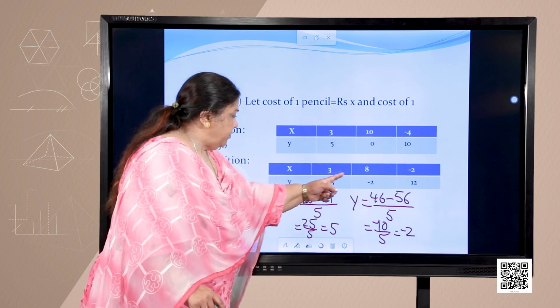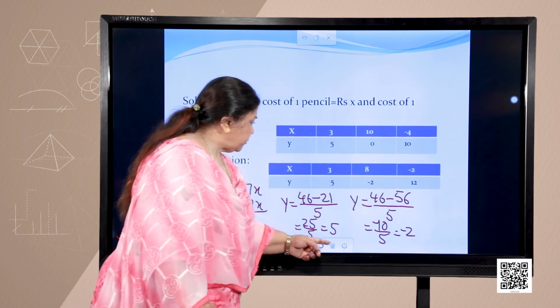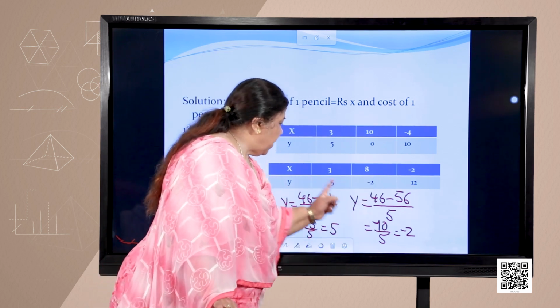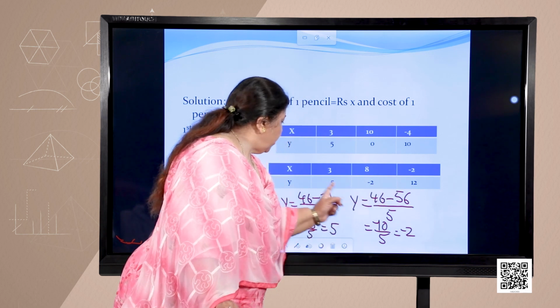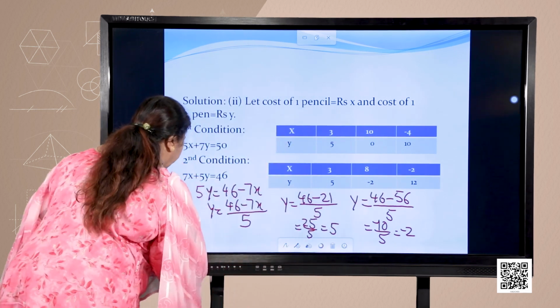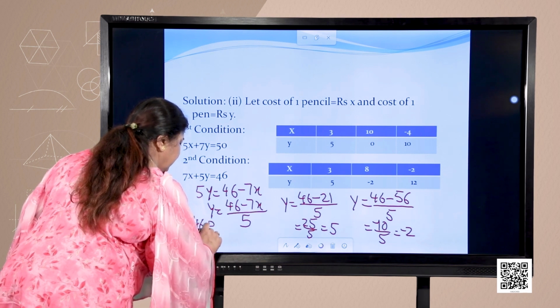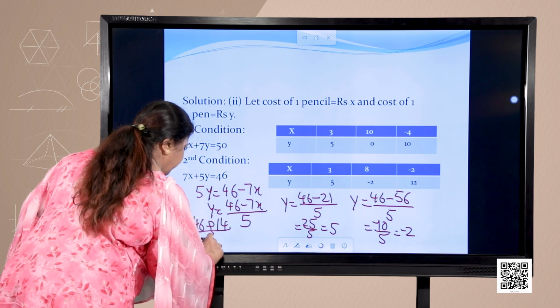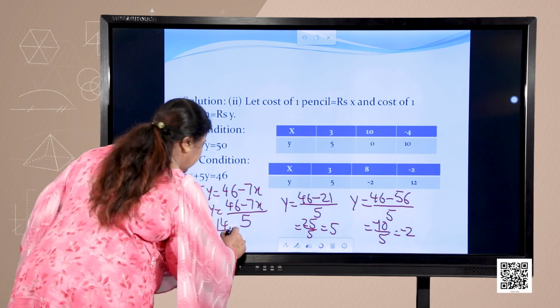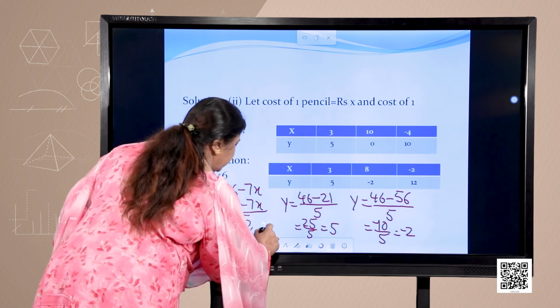Likewise, we have taken the value as minus 2 here, because 5 minus 3 is 2. So if I take minus 2, what do I get? y is equal to 46 plus 14 upon 5, that is 60 upon 5, and the point is 12.